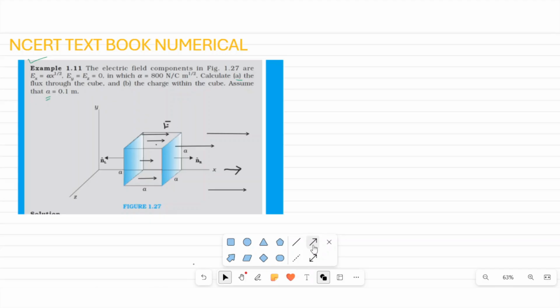And you see on this surface the electric field is outward, and on this surface, this side, the electric field is inward to the surface. So for this we take the area vector perpendicular to the surface.